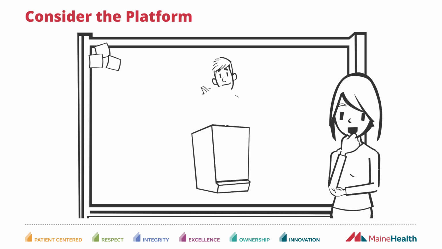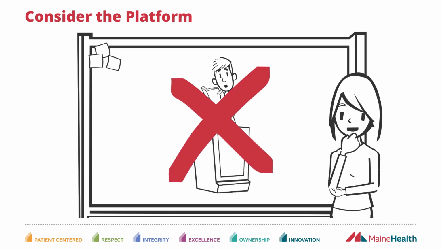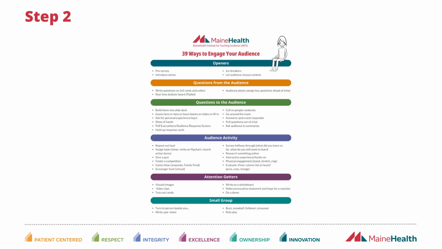And please, when using PowerPoint, avoid reading the content word for word from the slides. Your audience cannot listen to you and read at the same time, so often content is completely lost in the translation.